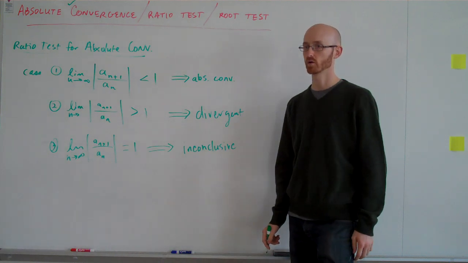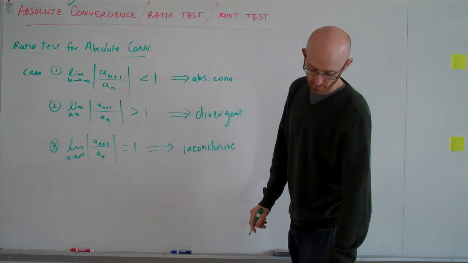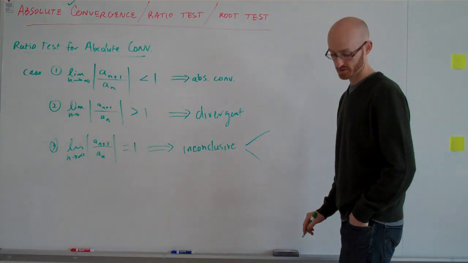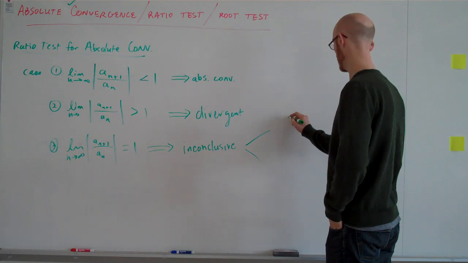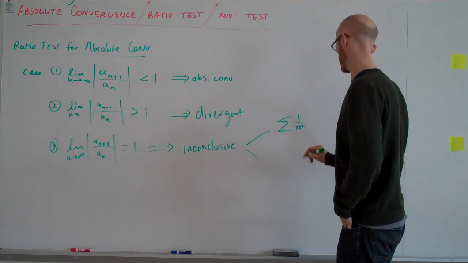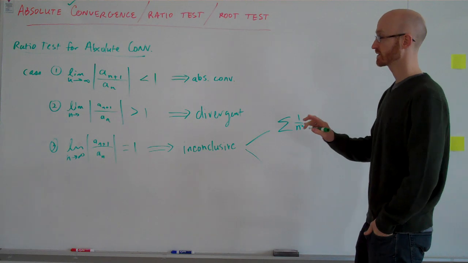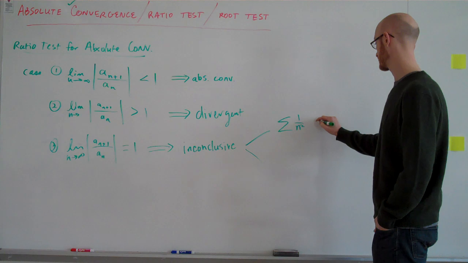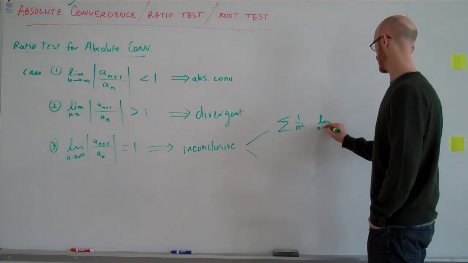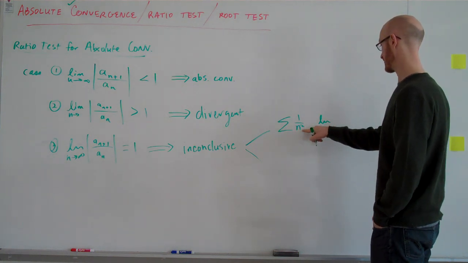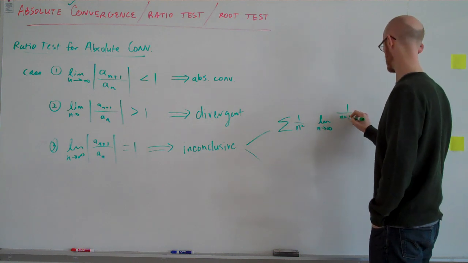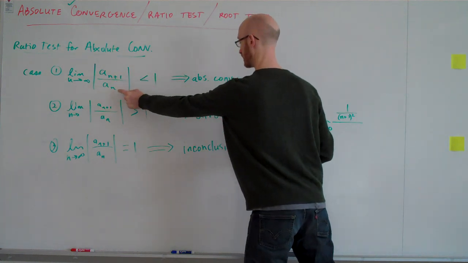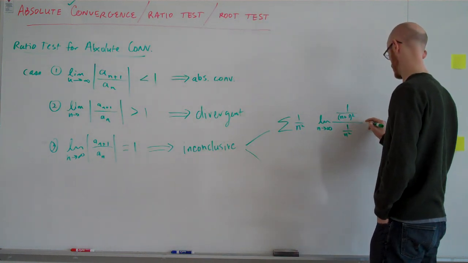And if you're wondering, well, why is that the case? Well, there's something sort of funny that happens, and I can show you this in 2 different ways. The first way is the infinite sum of 1 over n squared. Let's study the limit as n approaches infinity of a sub n plus 1 over a sub n, that'll be 1 over n plus 1 squared over 1 over n squared.